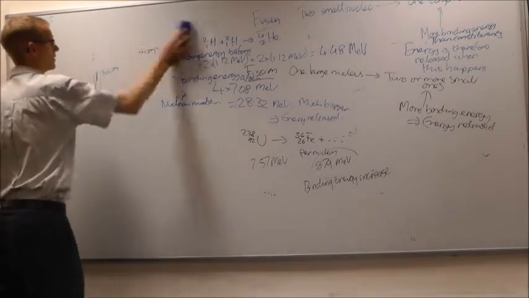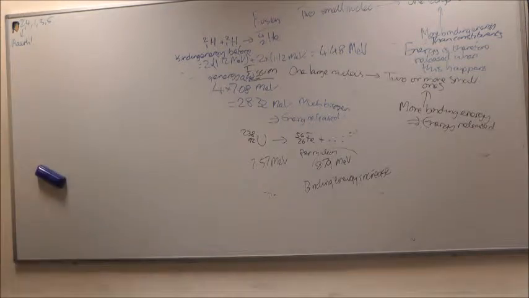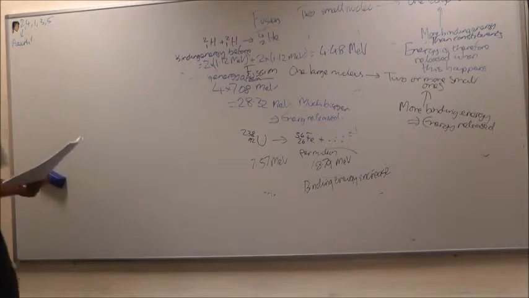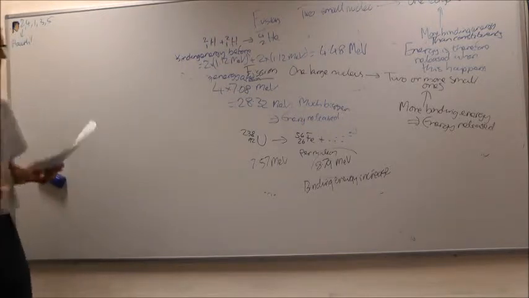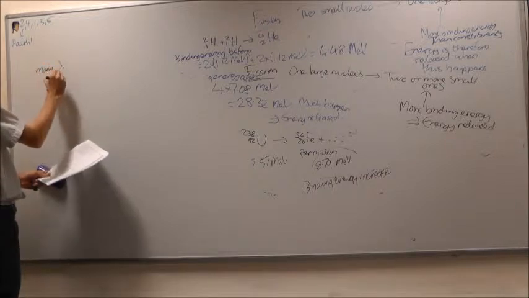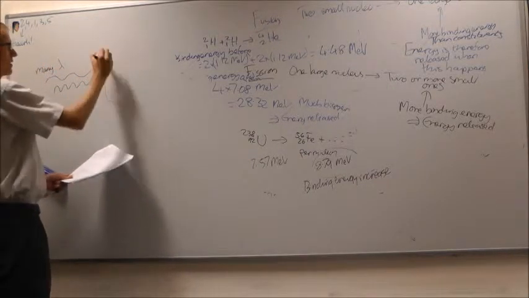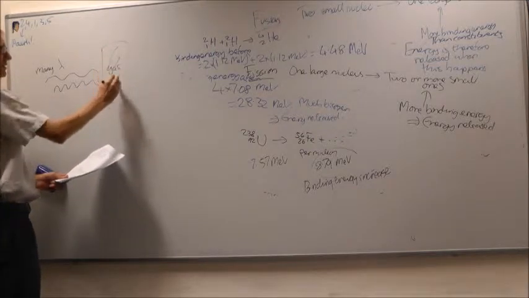So what we're saying is: visible light, a continuous spectrum of wavelengths, so you've got all lambda, many different wavelengths coming through here. Here's your gas.